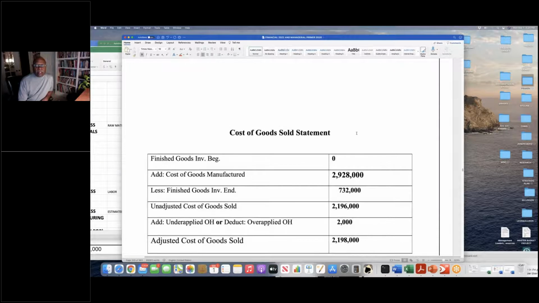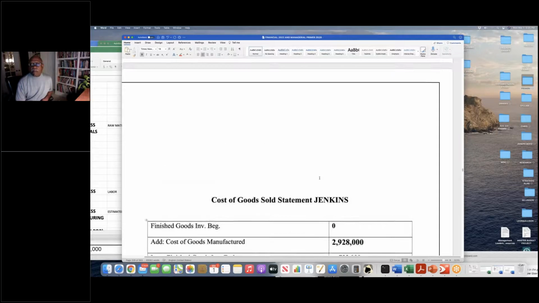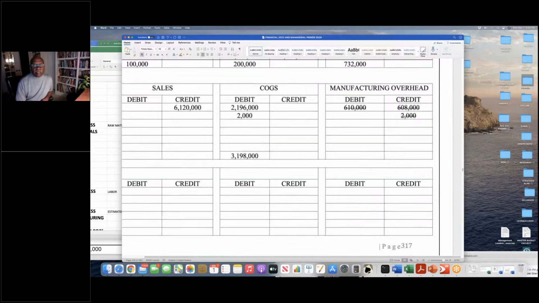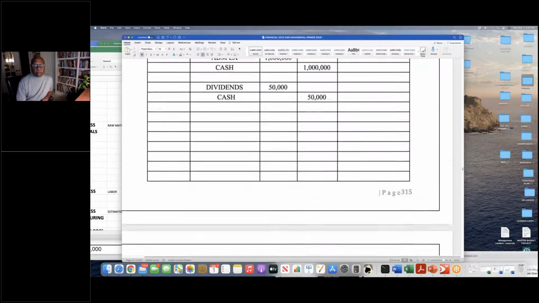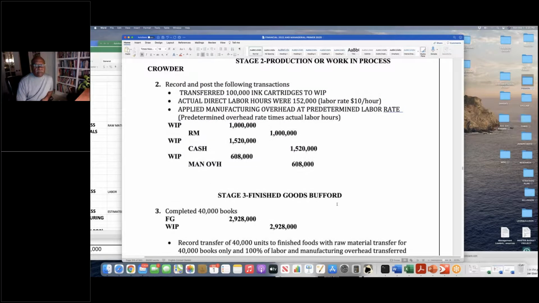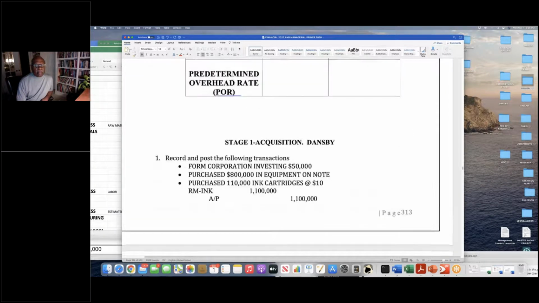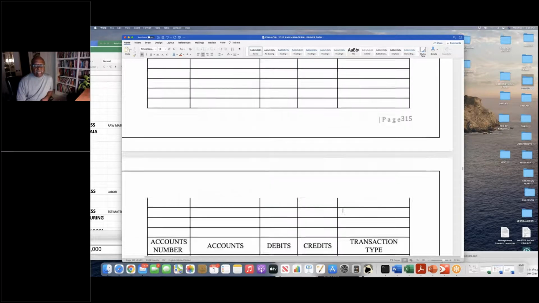Cost of goods sold statement, we'll give that to Jenkins. And then the income statement, I'll give that to Dansby.